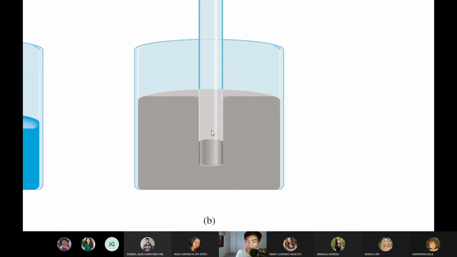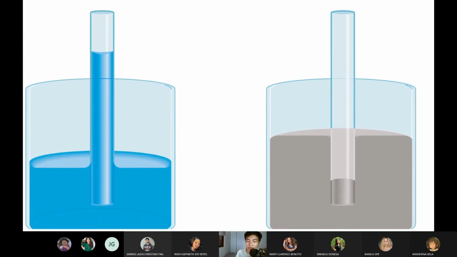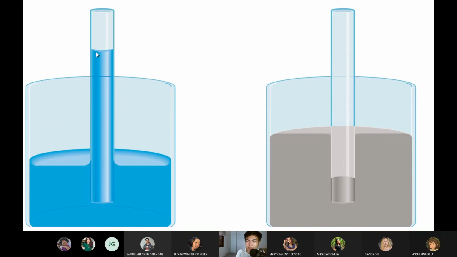And kapag gusto naman niya yung glass, for example, yung liquids, they form the concave meniscus. So pag nakakita ka ng concave meniscus, most likely yun ay adhesion forces. Pag convex meniscus, ito ay cohesion.